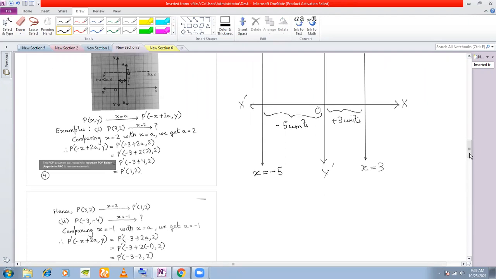So any straight line parallel to the y-axis is of the form x is equal to a. Just as a straight line parallel to the x-axis had the form y is equal to b, a straight line parallel to the y-axis will have the form x is equal to a.